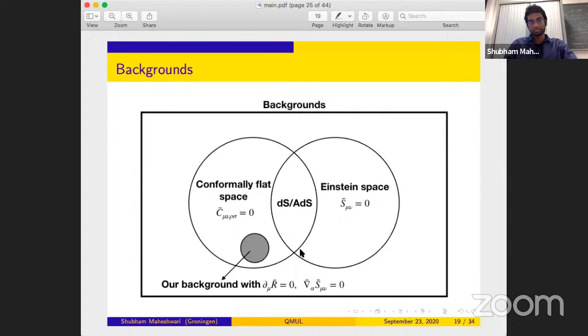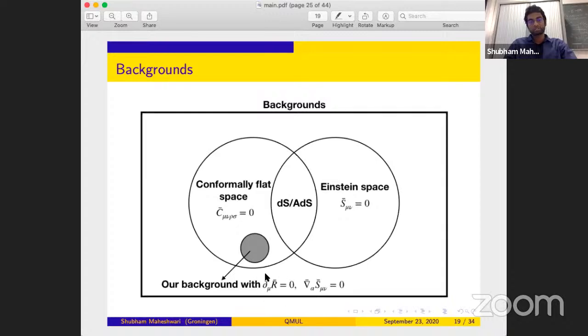The intersection is where you have de Sitter and anti-de Sitter spacetimes, which is the maximal symmetry you can have. So the background that I will choose is conformally flat, but has a non-zero traceless Ricci tensor, whose covariant derivative is 0.